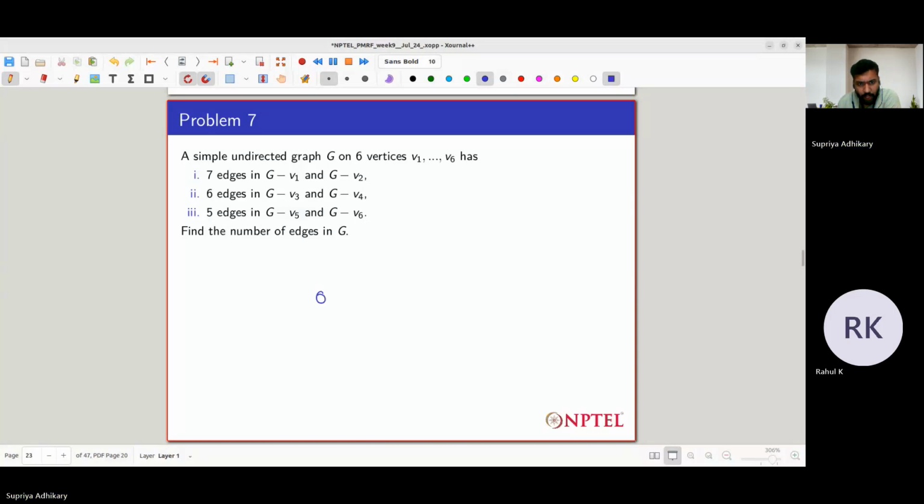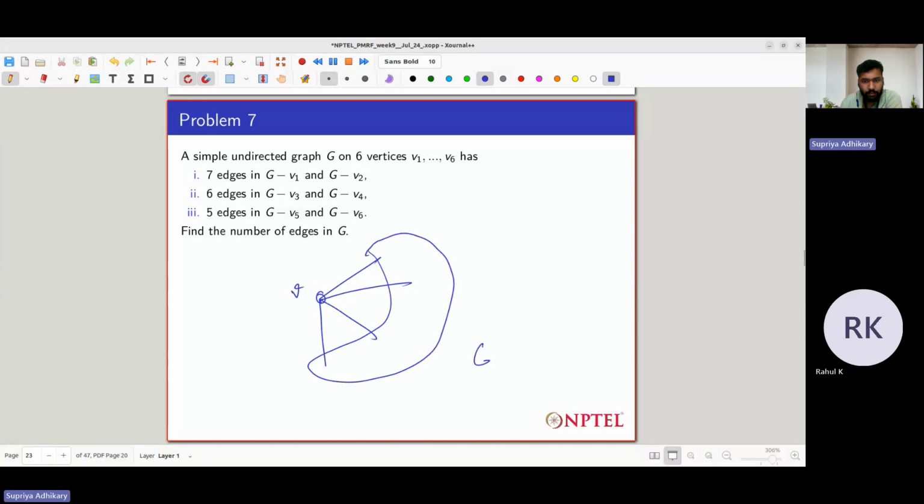Now, what happens if we delete one vertex in a graph? If we delete a vertex, then all edges incident with that vertex are also deleted.